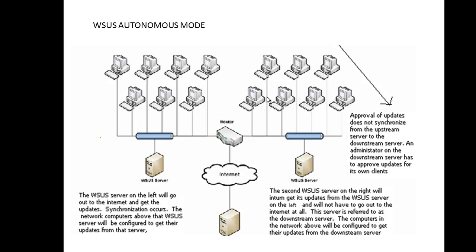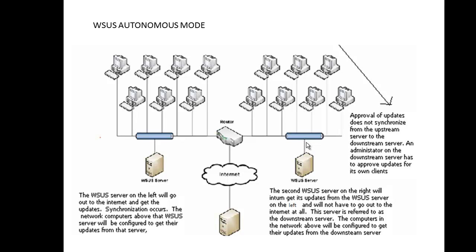The computers on the right-hand side will get their updates from the server on the left. But there is one difference. The server on the right-hand side, for the network on the right, will have an administrator, and that administrator has to approve updates for its own clients.